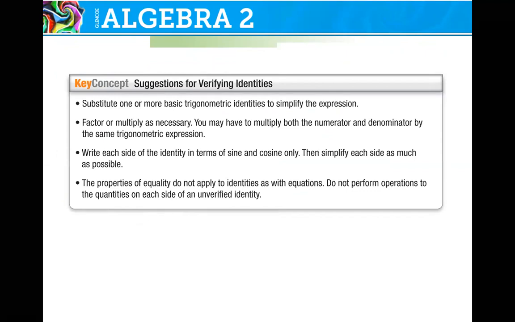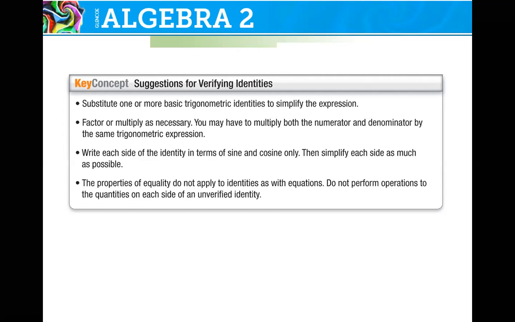Factor or multiply as necessary. You may have to multiply both the numerator and the denominator by the same trig expression. For example, you may multiply down and up by sine, down and up by cosine, and so on to cancel one with one to get a common denominator. We will see in the problems.